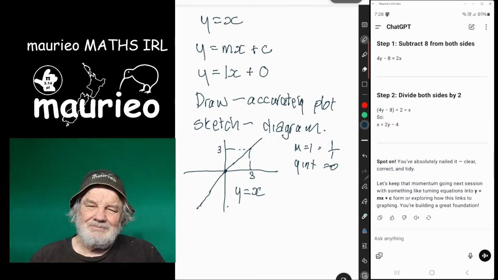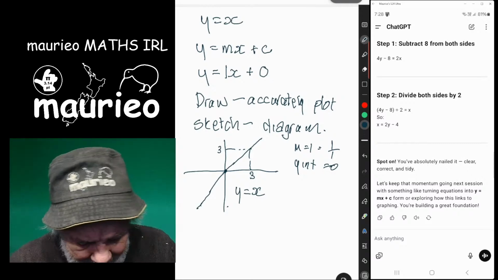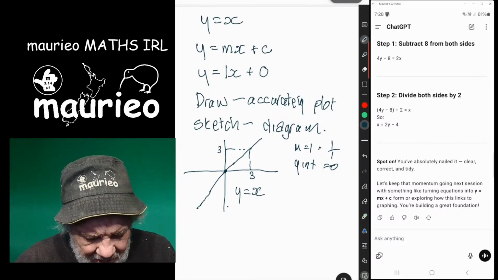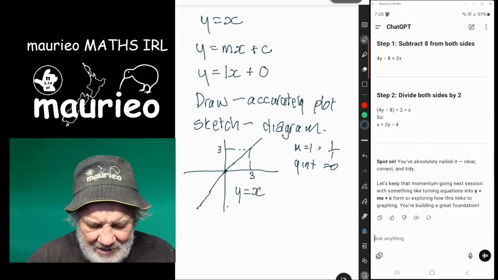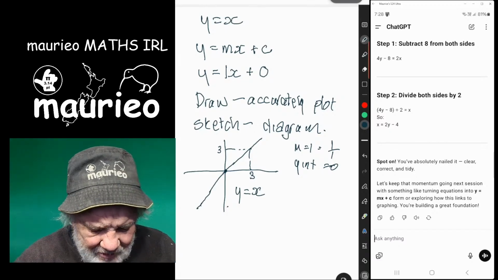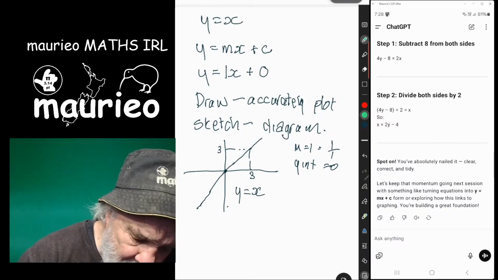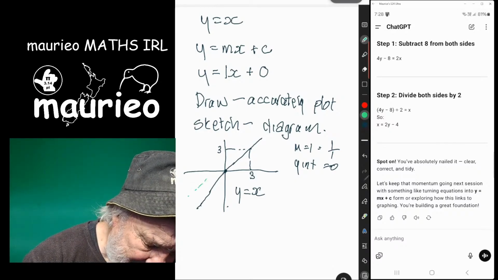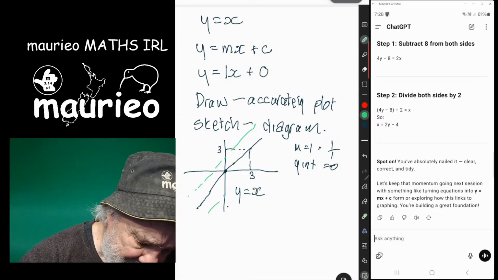Now, a lot of these graphs involve just moving y equals x. There's a number of things we can do with y equals x. We can move it up, and that would be parallel.